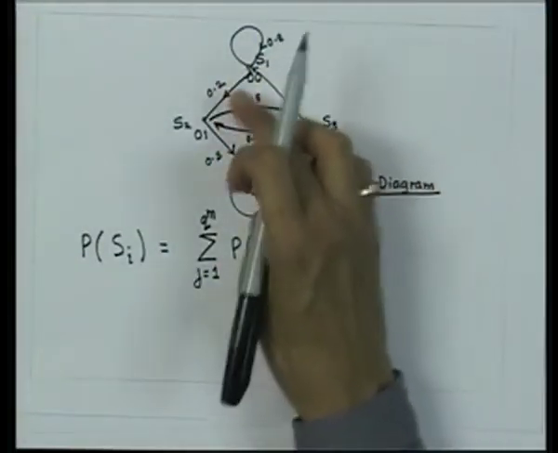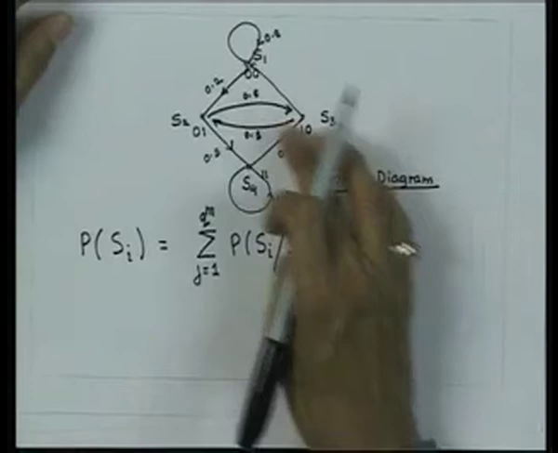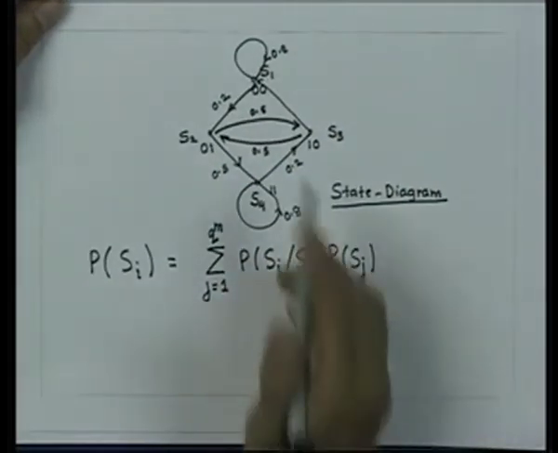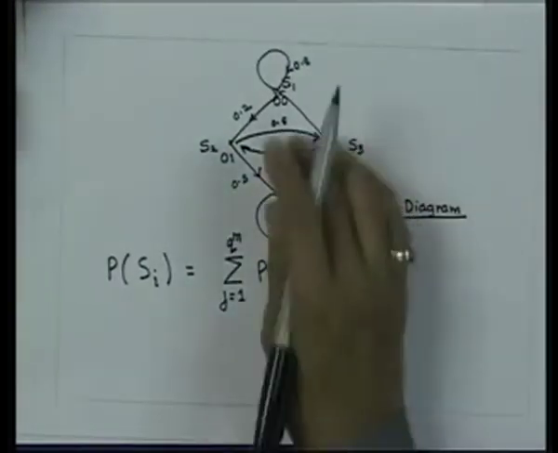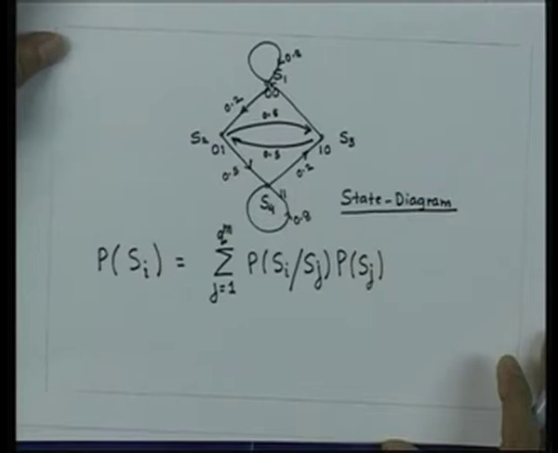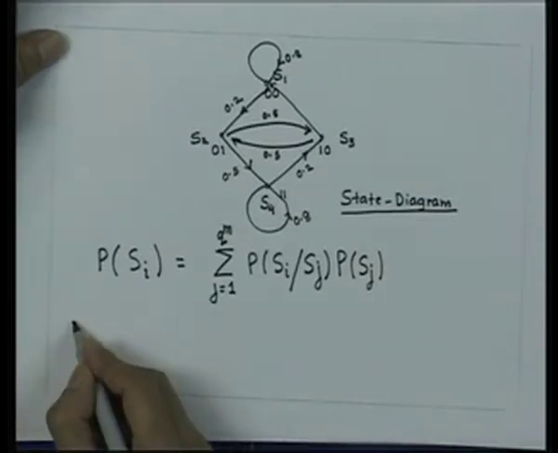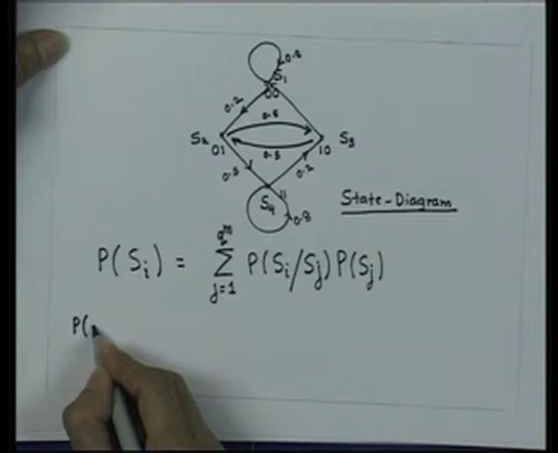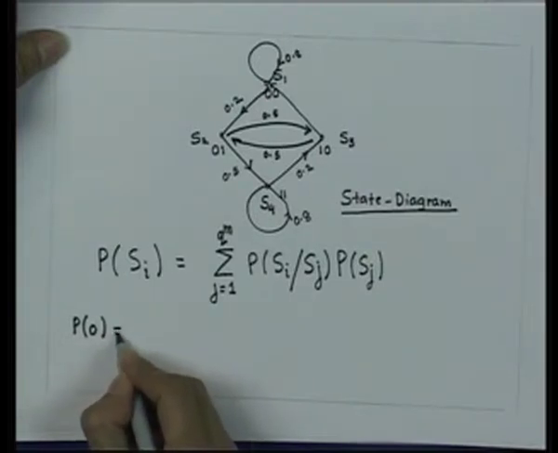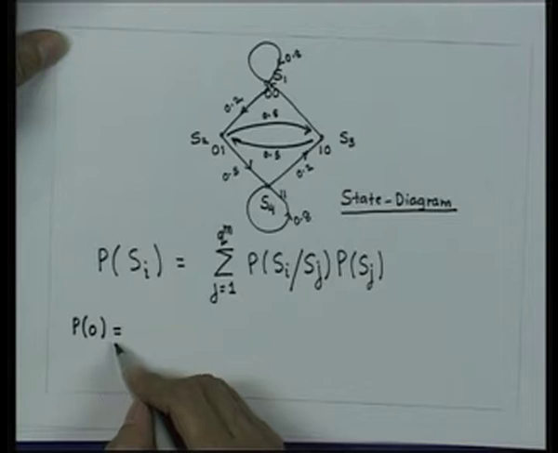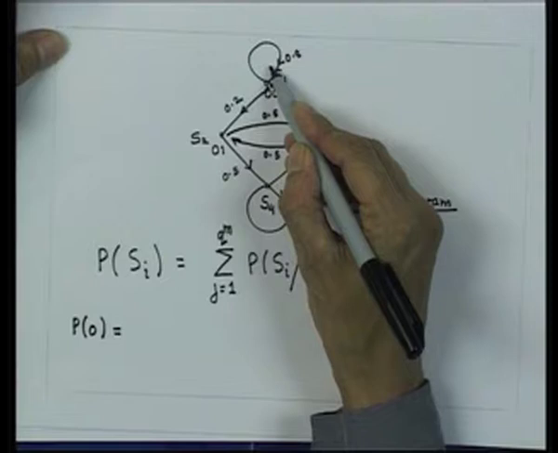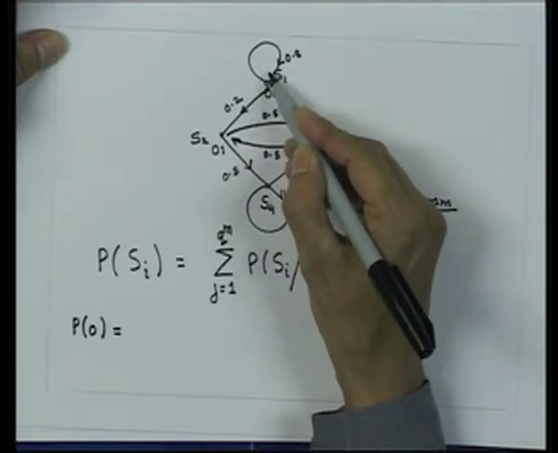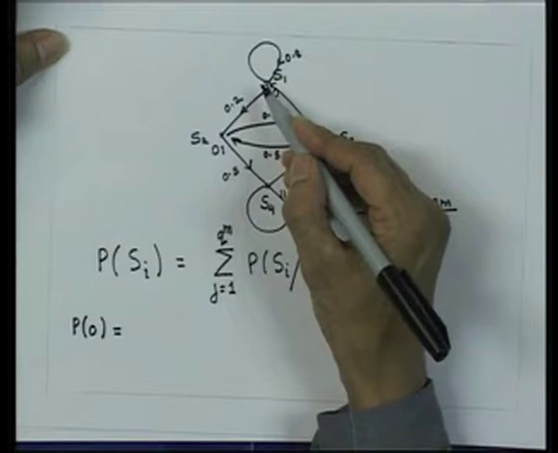Going back to this example which I have out here, if I were interested in finding out what are my unconditional symbol probabilities for this ergodic second order Markov source, then for symbol 0, the probability of occurrence of 0 would be when? It would be when I am in state S1 and I go back to state S1, because if I go from state S1 to S1, it means that 0 has occurred.